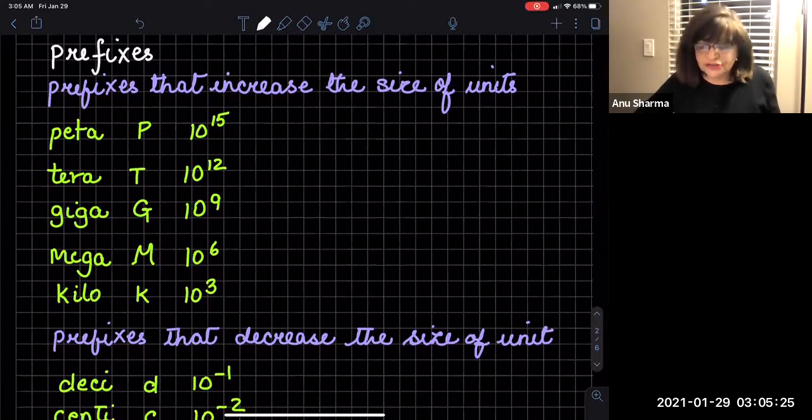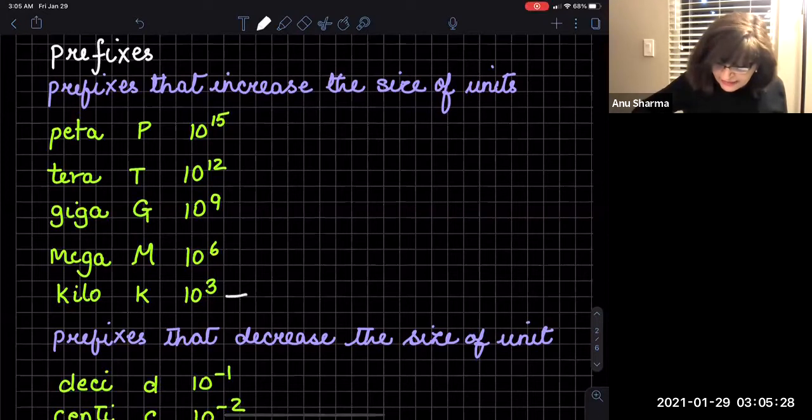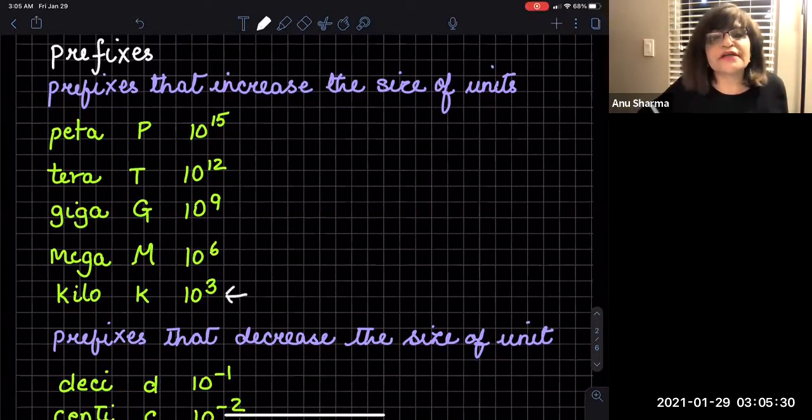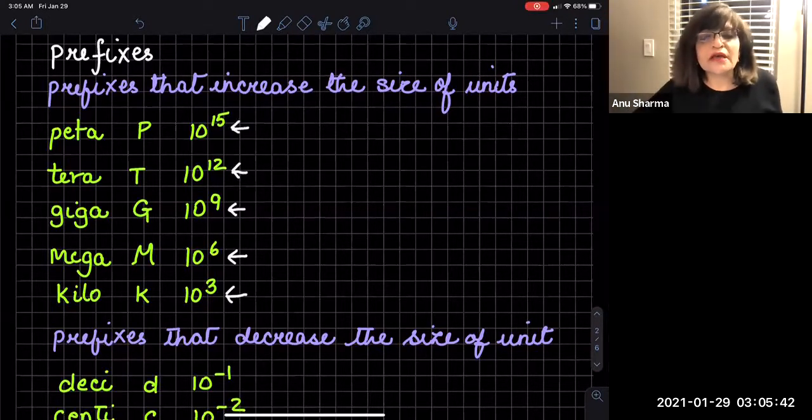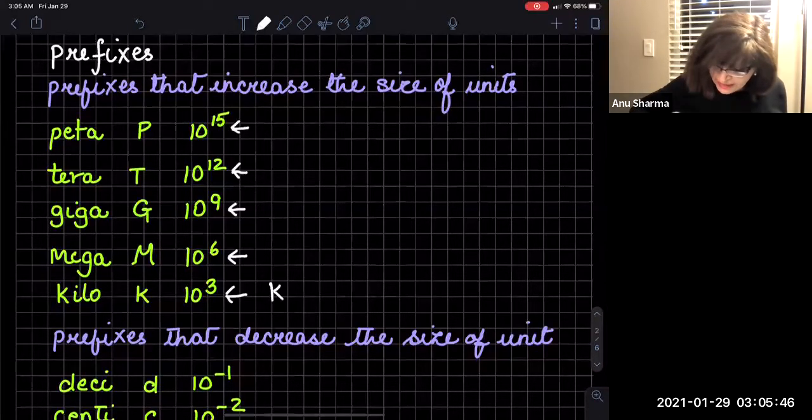As you've seen on the screen, kilo is 10 raised to the power 3. Mega, 10 raised to the power 6. Giga, 10 to the power 9. And tera, 10 to the power 12. And peta, 10 to the power 15. So kilo can be kilograms. Kilo can be used as kilometers. Okay?